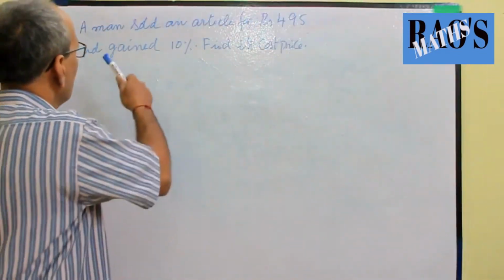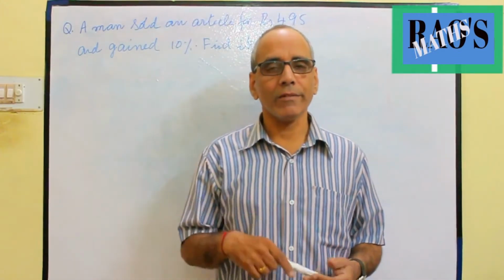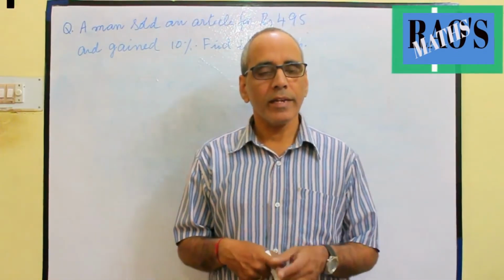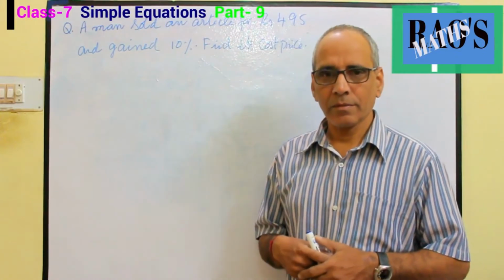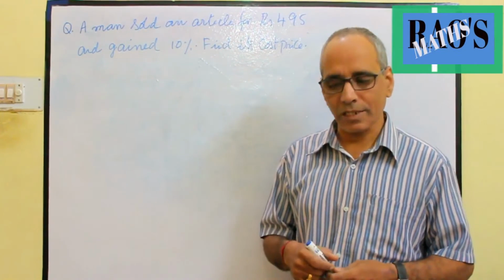One more question. In this question, a man sold an article for rupees 495 and thereby he gained 10% profit. At what price did he get the article? That means find the cost price of the article.